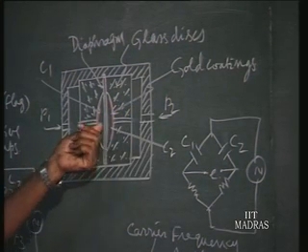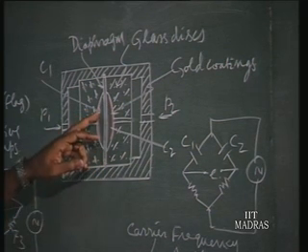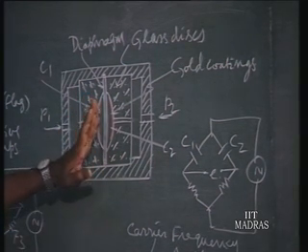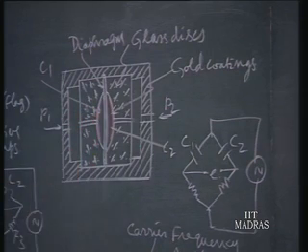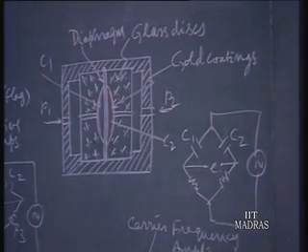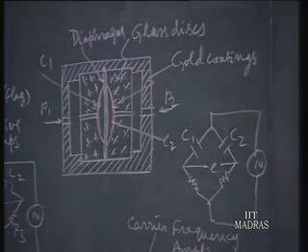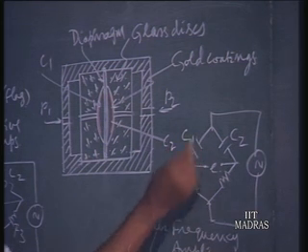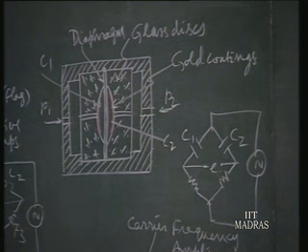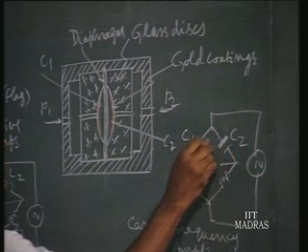The common plate is the diaphragm, and the fixed plates are obtained by having a gold coating on two glass pieces like this. They will be suitably connected by wires, and you can build a bridge network somewhat like this. This plate and this plate are nothing but our diaphragm. Same diaphragm, same element.